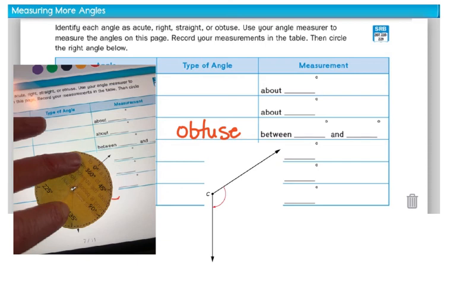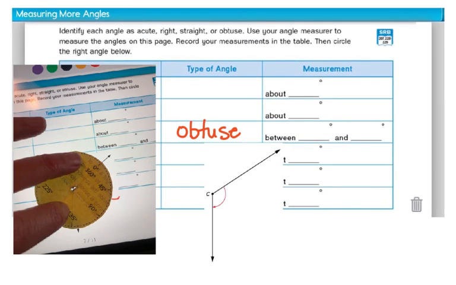I lined up the ray with 0, and I can see that it falls between 90 degrees and 135 degrees. So I line this up with 0, and it falls right between 135 and 90.